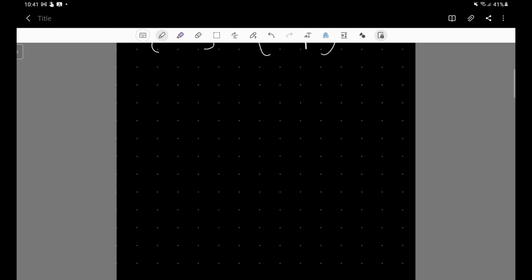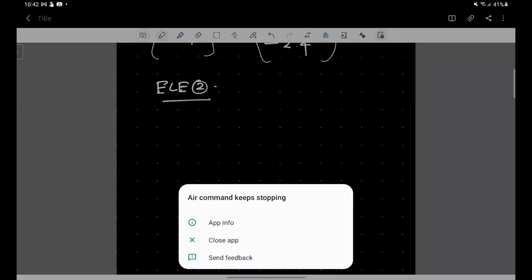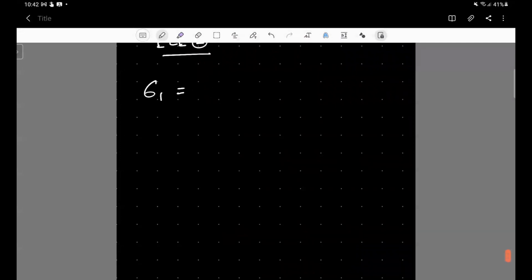For element number 1 it will be similar. For element number 2, we can write down the principal stress in terms of the X and Y normal stresses as well as the shear stresses.